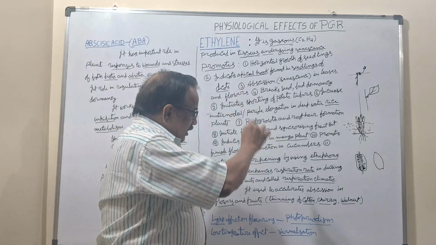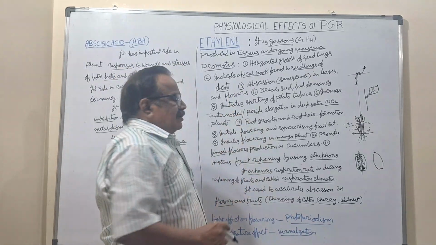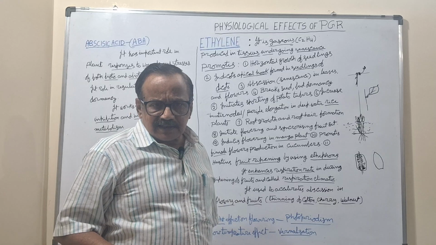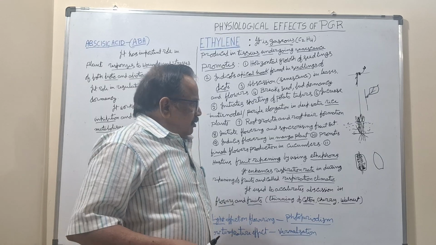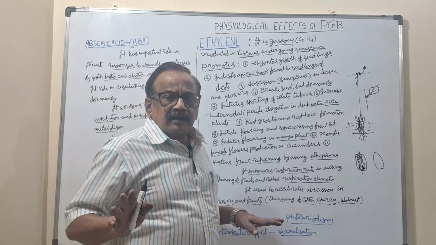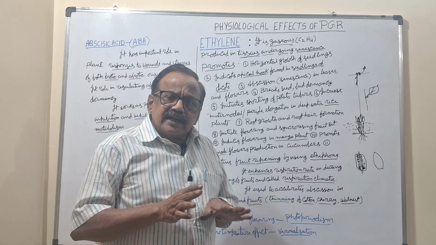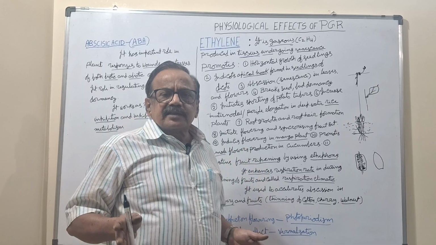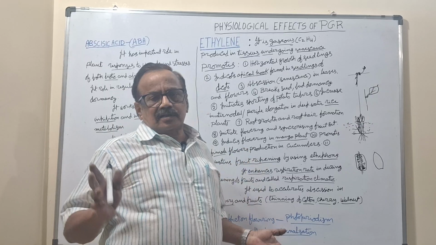Ethylene is very highly important, because it has both the things and specialized characters. So if you read these things, it is enough for the NEET. You can give answers for any type of question in the form of statement, matching, or multiple choice questions.